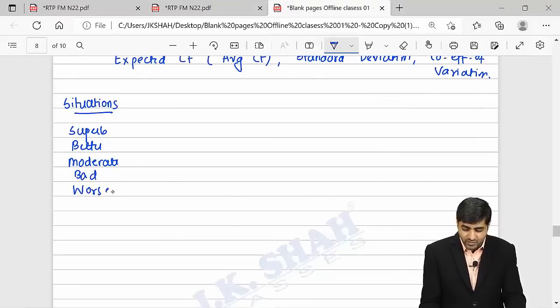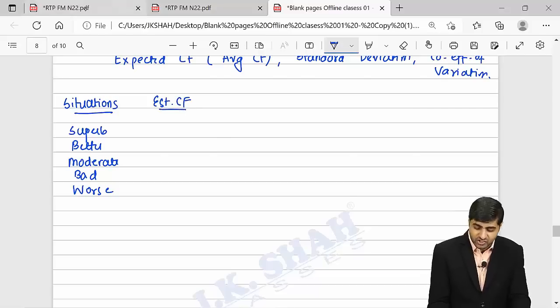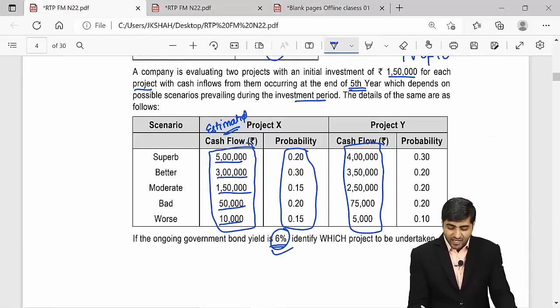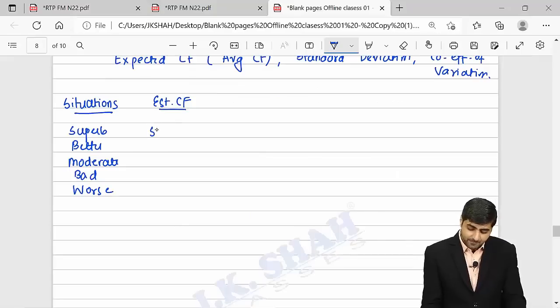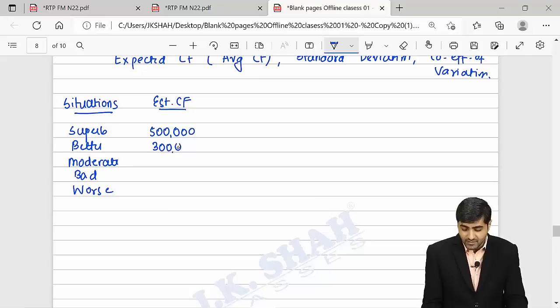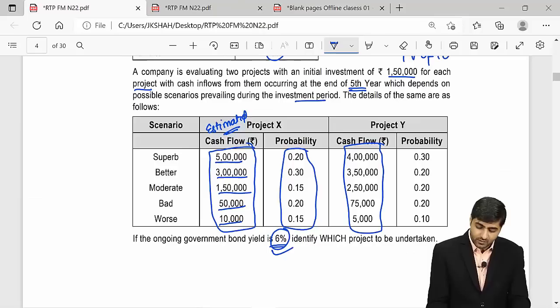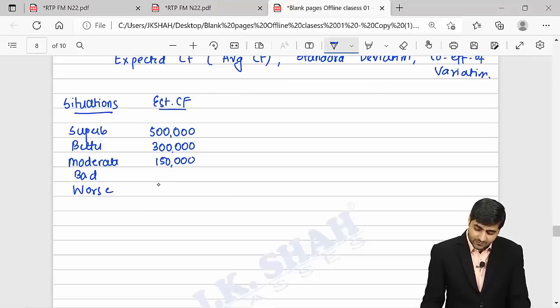So these are the situations. Then what are your estimated cash flows? Just check that out. So this is 5 lakhs, 3 lakhs, then there is 1,50,000, then there is 50,000, and then there is 10,000.